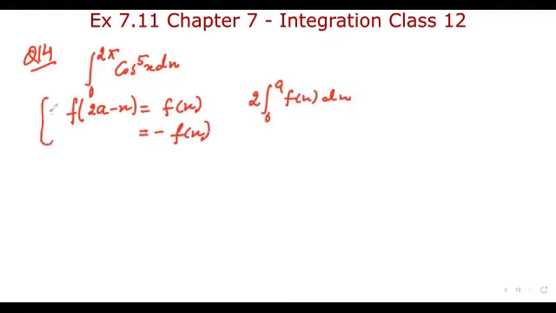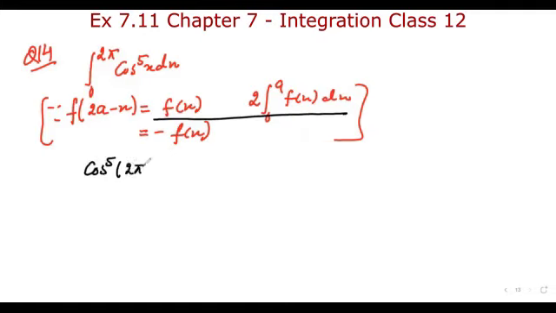Here I will check cos power 5 of (2 pi minus x). This value will be cos of x. That means the function is the same, f(2a minus x) is equal to f(x) here. So it implies it will be 2 into integral 0 to pi cos power 5 x dx.